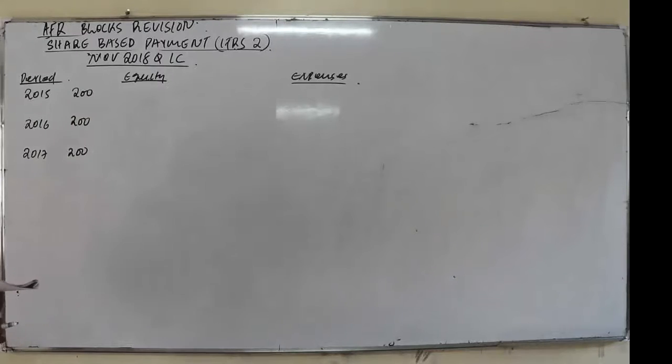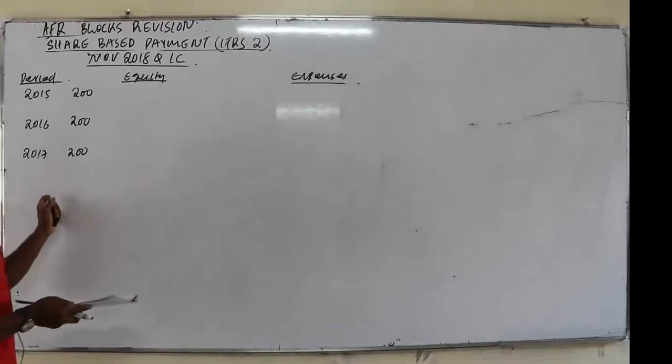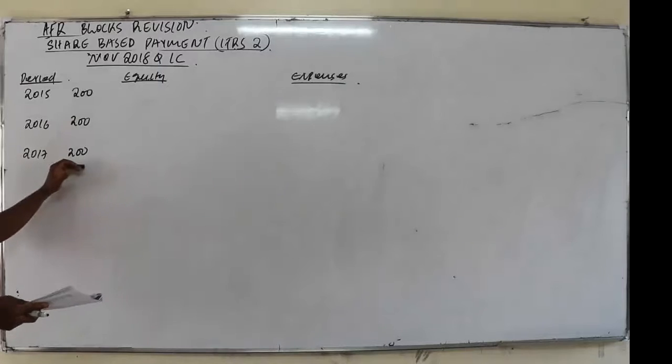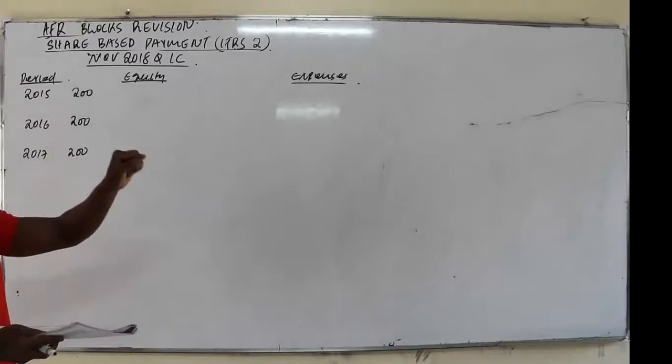The other vesting condition was that the employee needs to be in employment as at 1st December 2017. Now, what happens if the employee is able to fulfill their vesting condition? That means the employment in 2017, and the share price does not exceed what they agreed. So in that case, they are still eligible to get the share, because they are able to fulfill their vesting condition. It's only that the share price is not within their control.